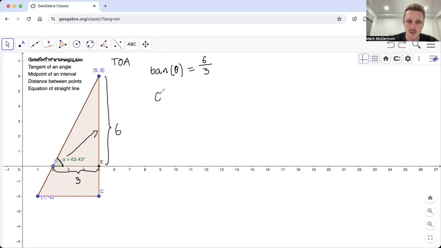And so if you get on your calculator, and I'll do this in a second, you do the tan inverse of 2, 6 over 3 is just 2. I'm guessing that that's going to be equal to 63.43 degrees. Let me just get the calculator up and I'll show that that works. Okay, so here we go. We just get our calculator, go to our main screen.